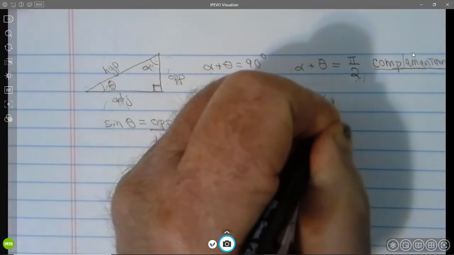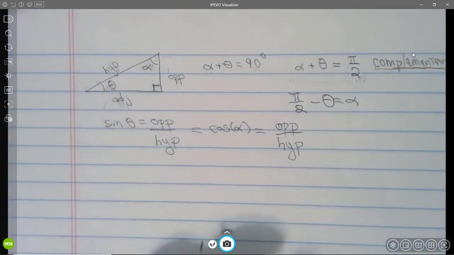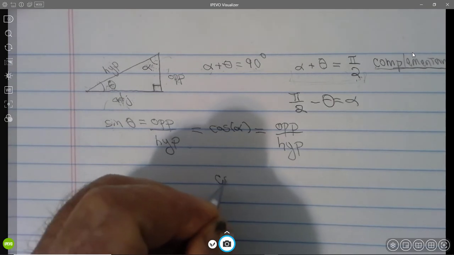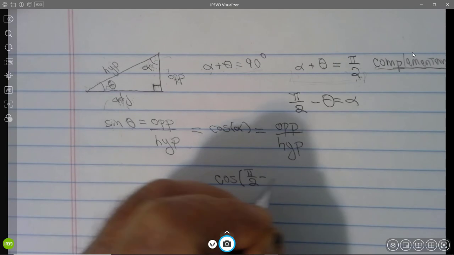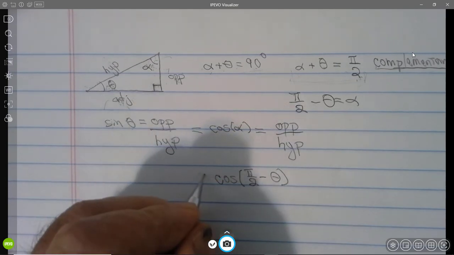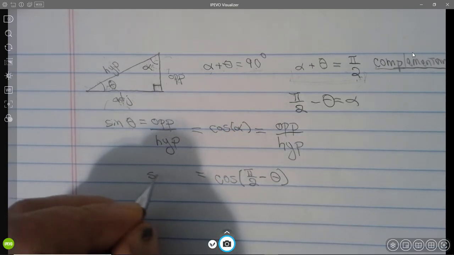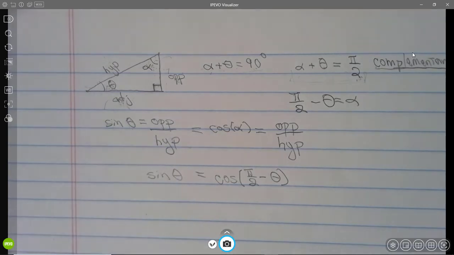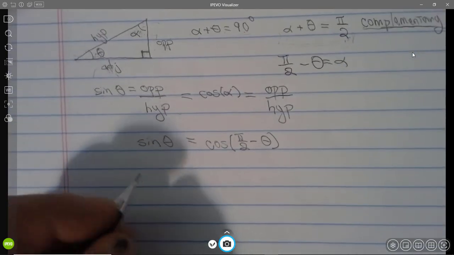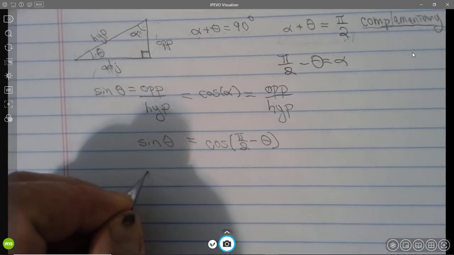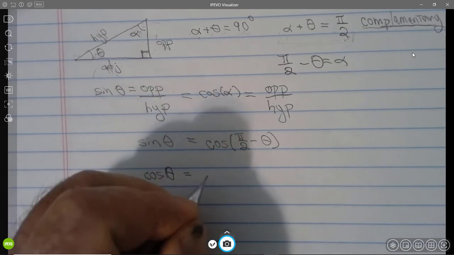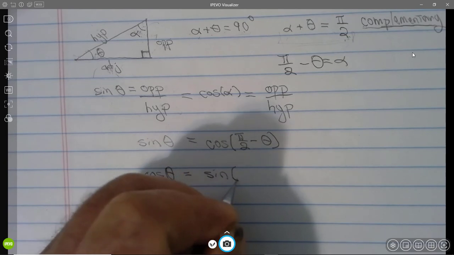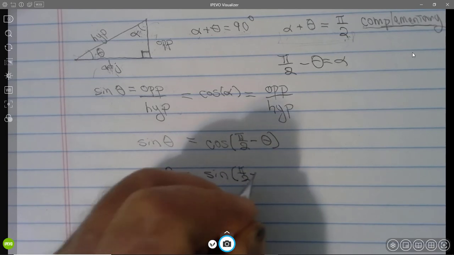Pi over 2 minus theta is equal to alpha. So I could plug that in here. Cosine of pi over 2 minus theta is the same as the sine of theta. And in the same way, you can easily show that the cosine of theta is equal to the sine of pi over 2 minus theta.